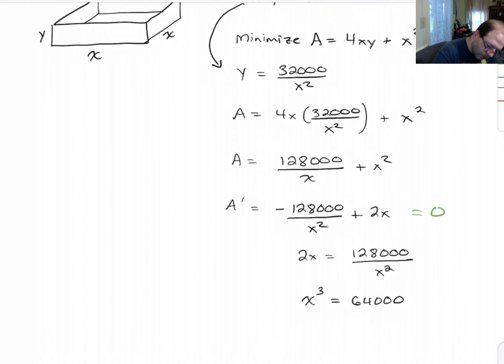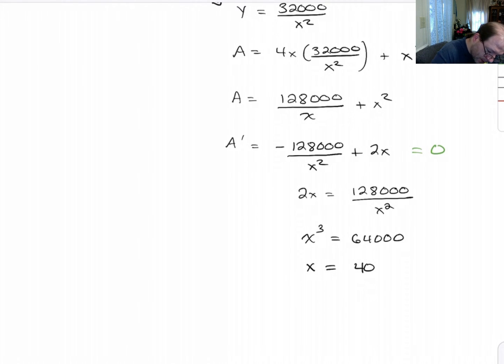So take the cube root of that. Oh yeah, that works out nicely, because the cube root of 64 is 4, and the cube root of 1,000 is 10. So the cube root of 64,000 is 40. All right, so we get x equals 40.